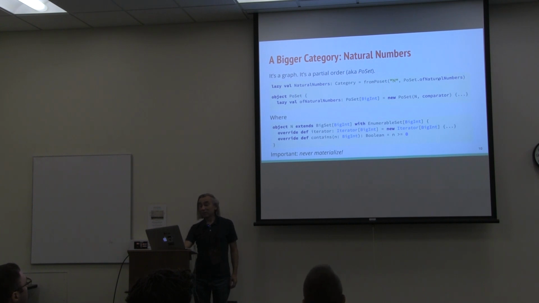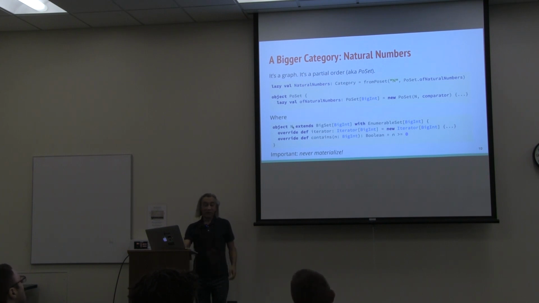So it's a partial order of natural numbers. And what's a partial order? We give a set and we provide a comparator. So we have a partial order. That's it, right? And when we build the category, we check that it's all legit. Well, for partial orders, it's always legit, right?